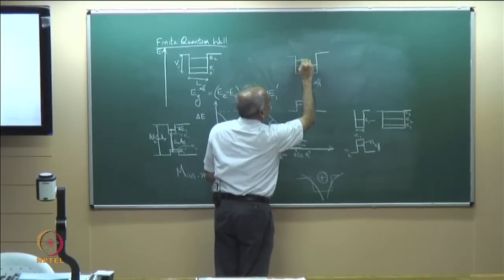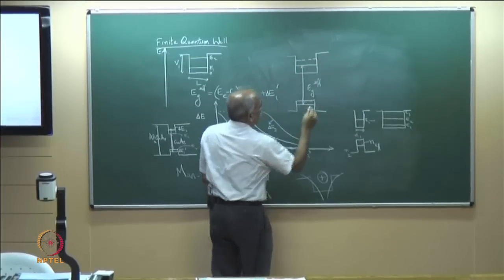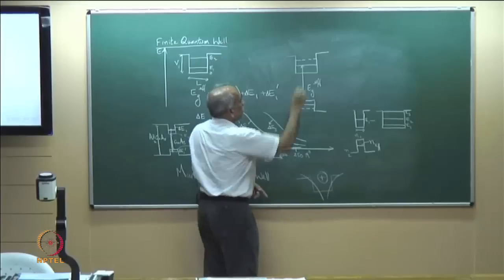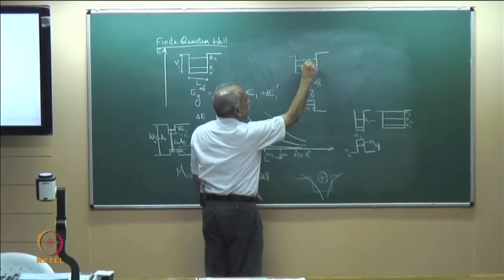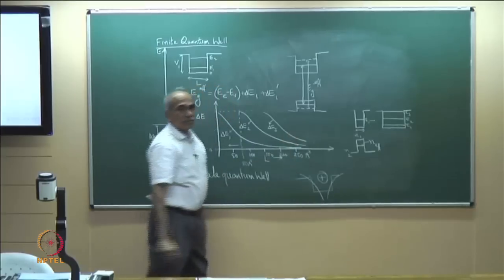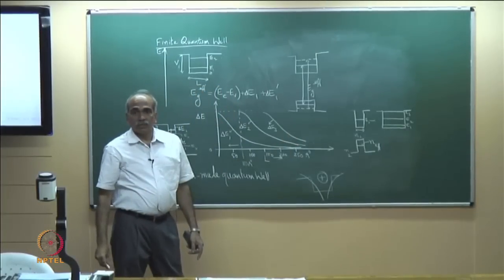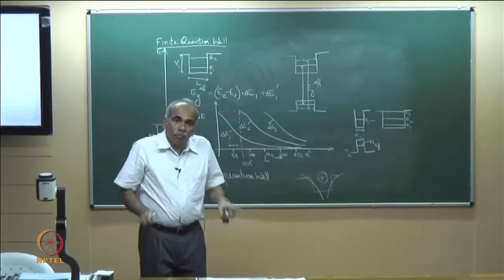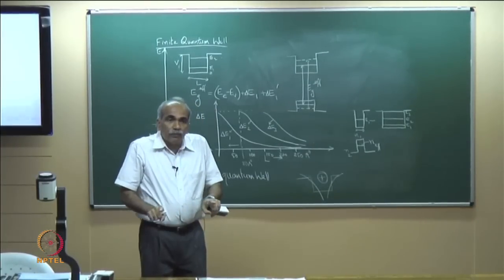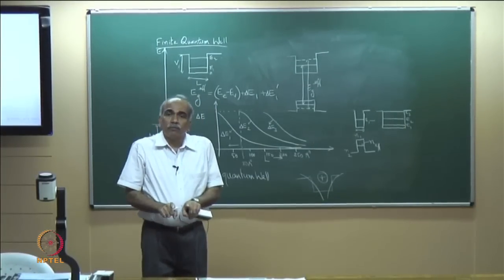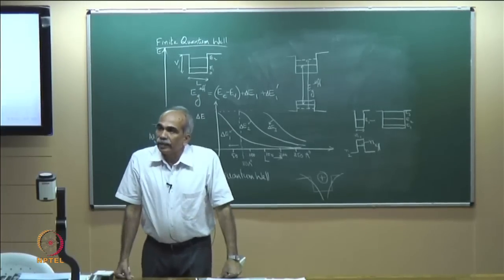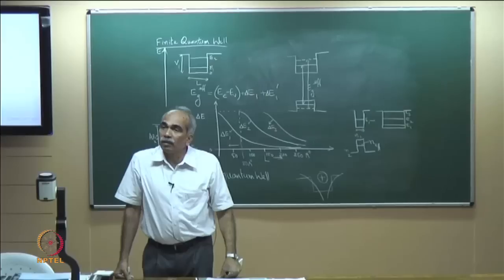So this comes to a new place here, and this also goes to a new value, and therefore the effective band gap has now increased. So what have we got? We have tailored the band gap by simply changing the width of the quantum well, or the width of the sandwiched layer. This is tailoring.